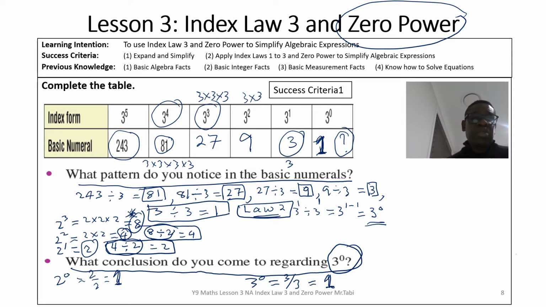Now we've also seen 2 to the power of 0 is 2 divided by 2, which is equal to 1, because according to law 2, 2 divided by 2 is simply 2 to the power 1 minus 1, which is 2 to the power of 0, which is 1. So you can reach the conclusion that any number raised to the power 0 will be equal to 1. And that's what we call the 0 power, but we'll get to that in the next slide.